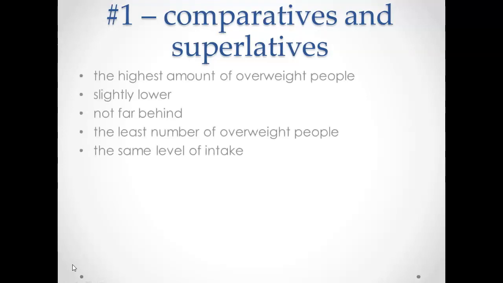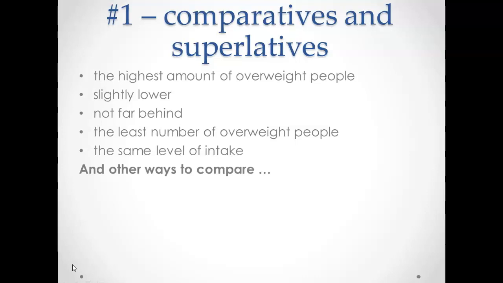Now, what is so good about this text? It uses comparatives and superlatives to make comparisons. The highest amount of overweight people, slightly lower than, not far behind, the least number of, and the same level of intake.